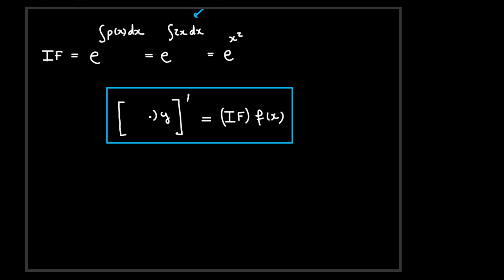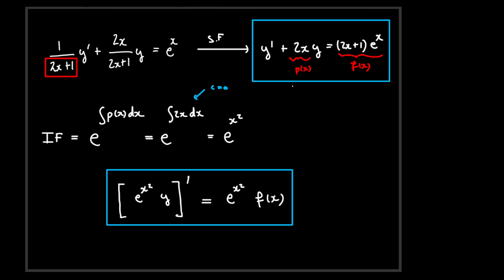So this will just become e to the x squared, and the integrating factor here becomes e to the x squared. And then the f of x, let me just go check what that was. You see it's 2x plus 1 e to the x. So 2x plus 1 e to the x. All right, so this is our differential equation.